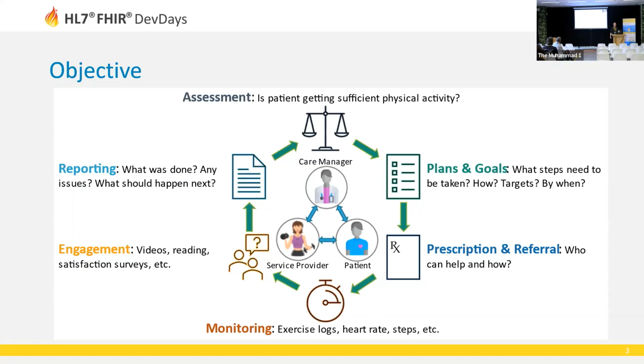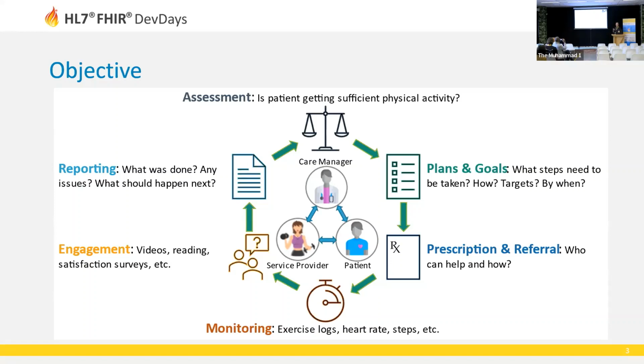The implementation guide can sort of be summarized in this diagram, which is from the homepage of the IG. On the inside are the 3 sets of systems that it's trying to get to share information. So we've got what we're calling Care Manager, which is typically electronic health records, EMRs, that sort of thing, but could be a social service agency, really anyone who is capable of looking at a patient and saying, you know what, you need to get more physical activity, that is capable of assessing and saying, is this patient getting enough exercise?